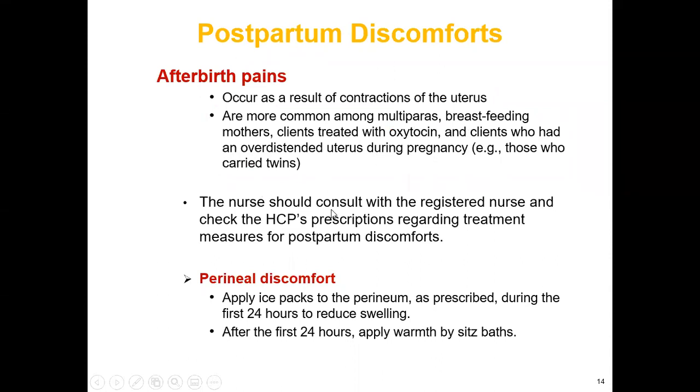The nurse should consult with the registered nurse and check the healthcare provider prescription regarding the treatment measure for postpartum discomfort. Then perineal discomfort: apply the ice pack to the perineum as prescribed during the first 24 hours to reduce the swelling. After the first 24 hours, apply warmth by sitz bath. It is good for the mother.